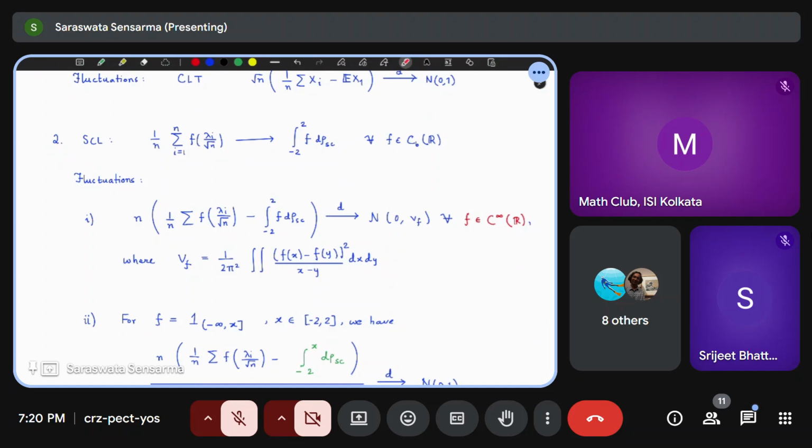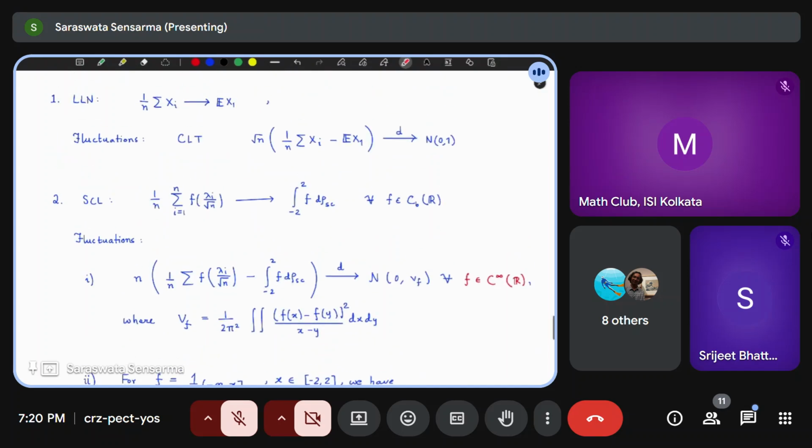So in the central limit theorem, we know that if we scale by square root n, the gap goes to normal 0, 1. Here, however, as it turns out, you have to scale by n to go to normal, and it has a very similar behavior, but you have to scale by n. The reason is, in the central limit theorem, there's a lot of independence. These summation xi's are completely independent.